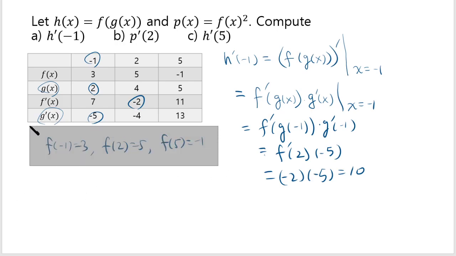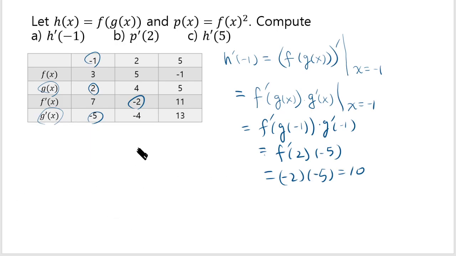Now, for p prime of x, you have two ways to do it. P prime of x is like the derivative of f of x squared, right?